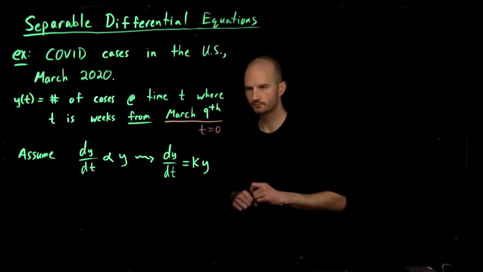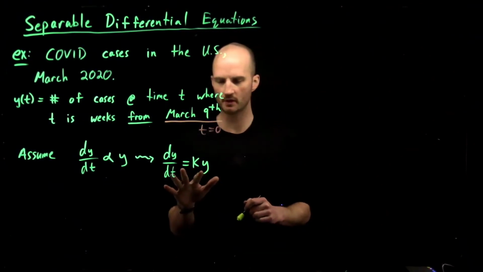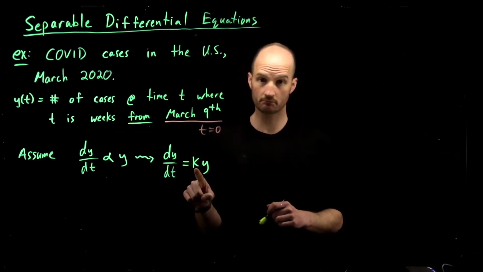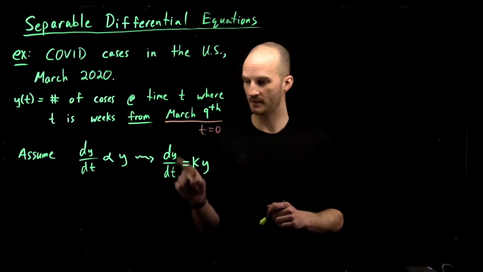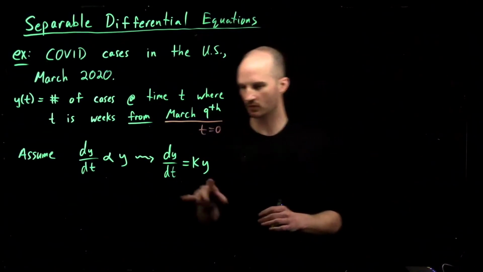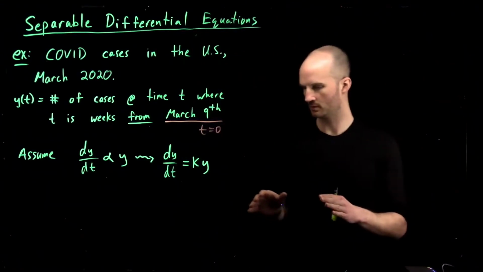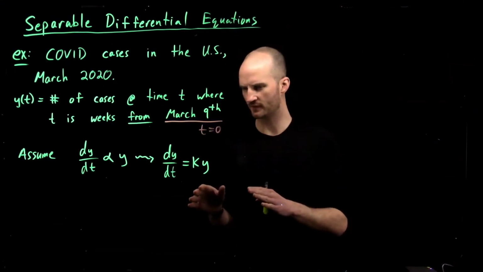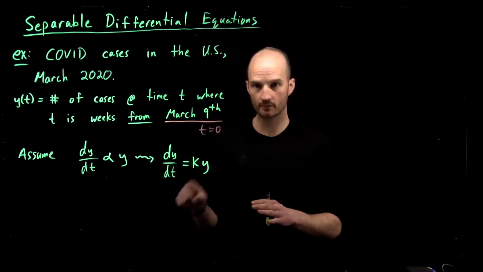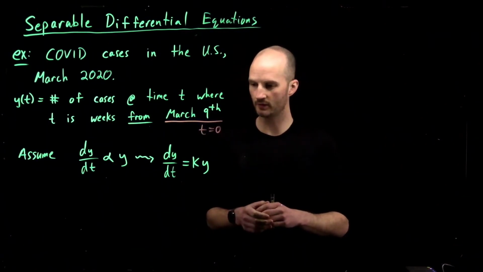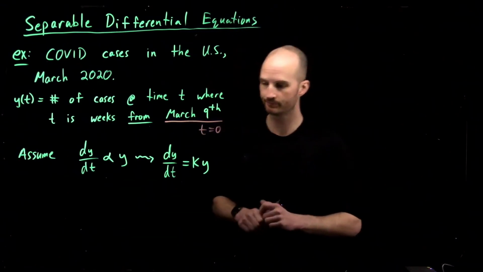So how does that look? Well, you see you have two variables here, you have your y and you have your t. k is not a variable, k is a constant. So y and t are the variables, we want to separate them. We're going to do something a little bit magical here, but it is all justified. We're going to treat this like a fraction and put all of our y's on the left-hand side and all of our t's on the right-hand side.